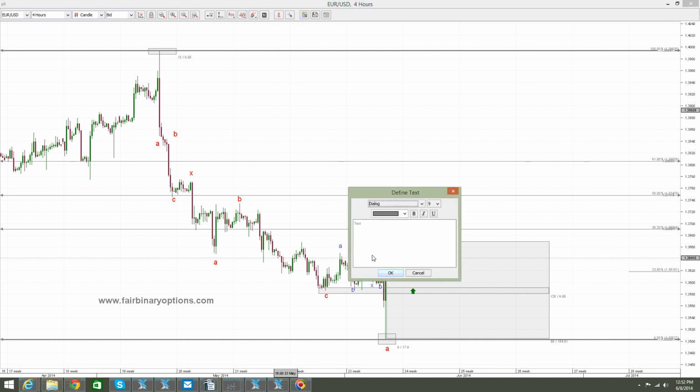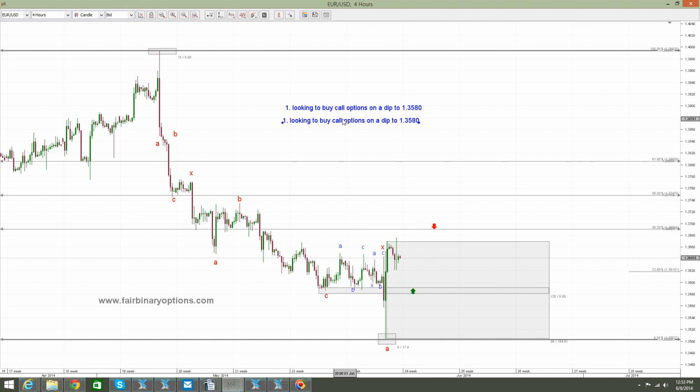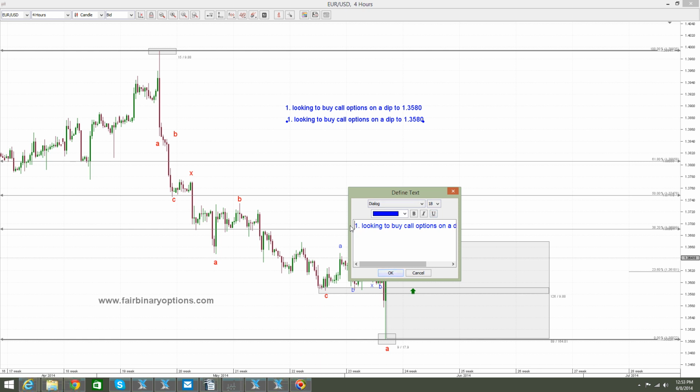Let's write on the screen. So number one, or the first step to do here, looking to buy call options on a dip to 35.80, and the second thing, looking to buy put options on a spike to the 36.90 area.